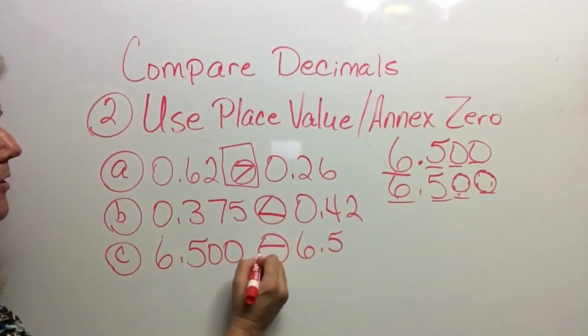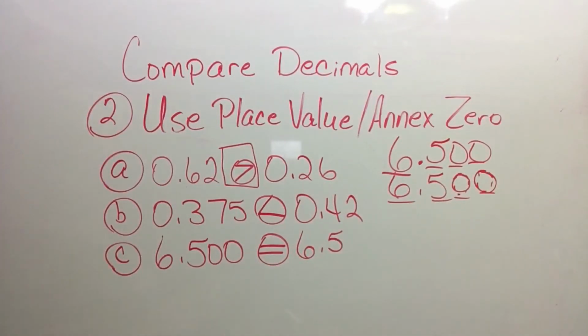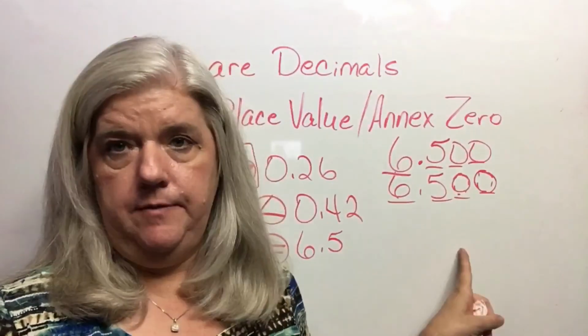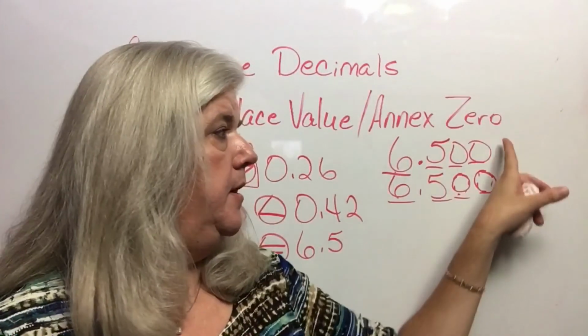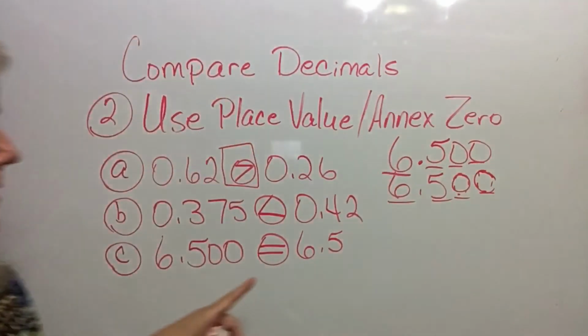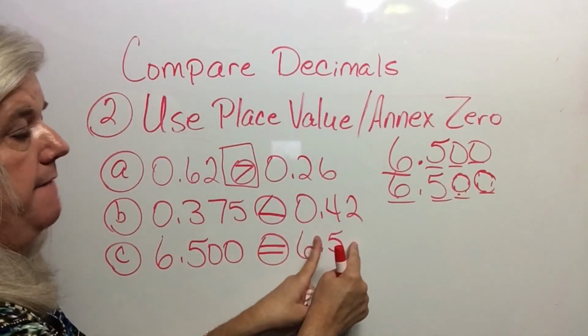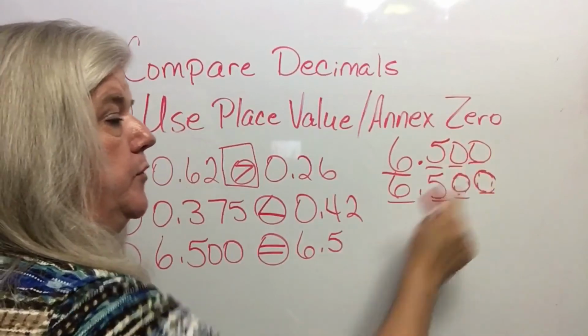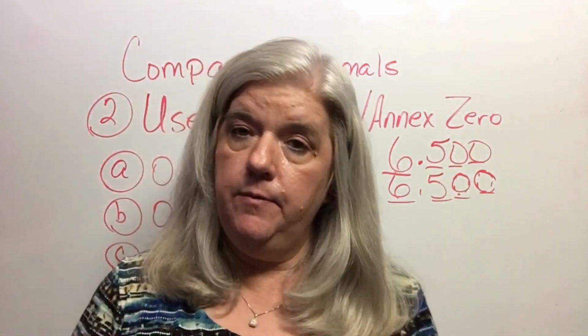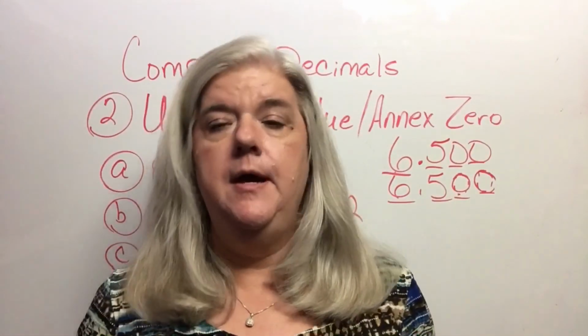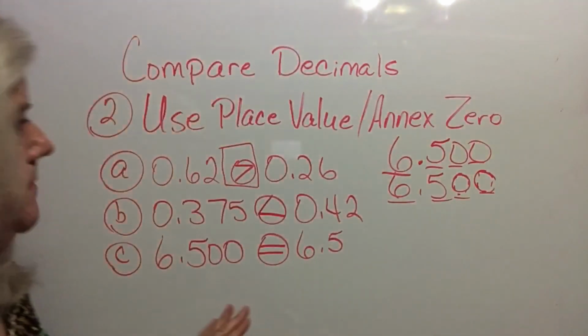These two numbers are equal. So be careful. If you do not annex these zeros and put them in there, then you're going to think that this is larger because this looks like 505, but we are allowed, the rule is that we can annex these zeros so we can line them up and make them look nice. Okay, so be careful.